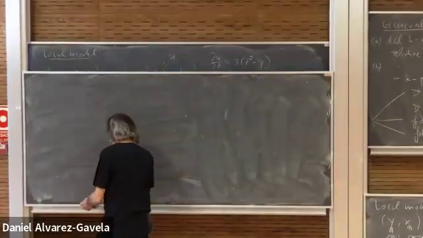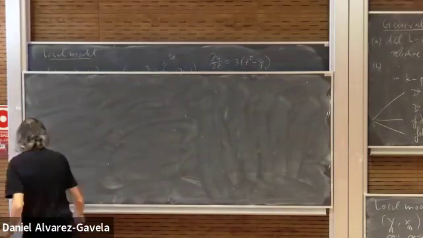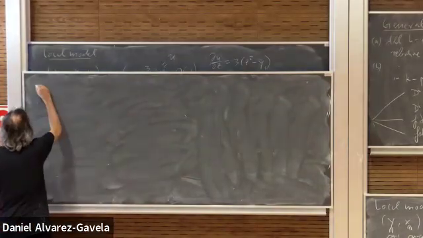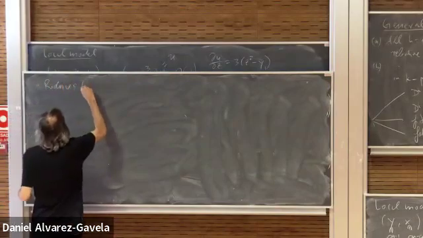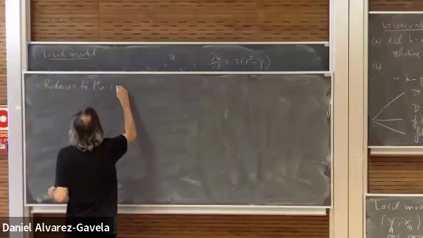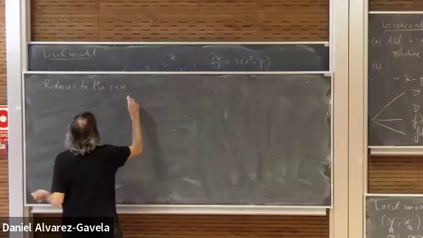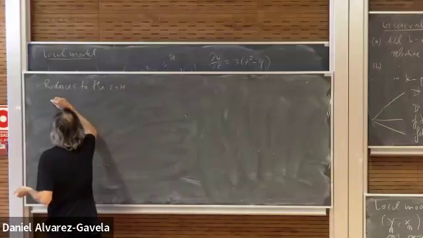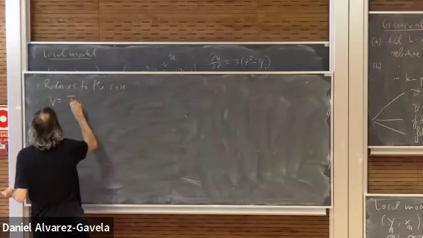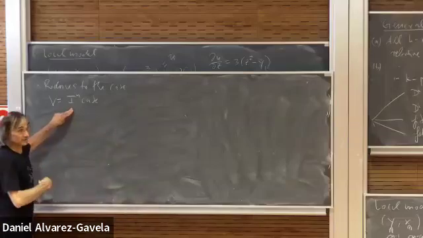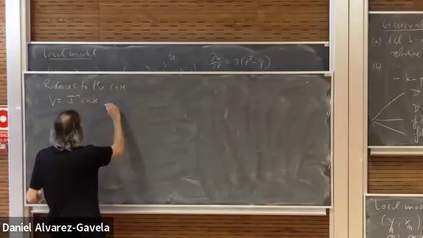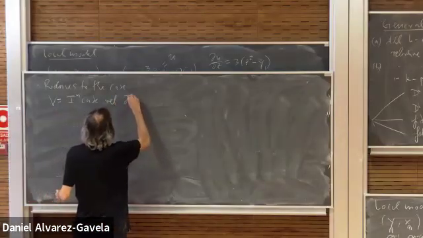So the proof reduces to the case where V is the n-dimensional cube, I to the n, where I is an interval, relative to the boundary.